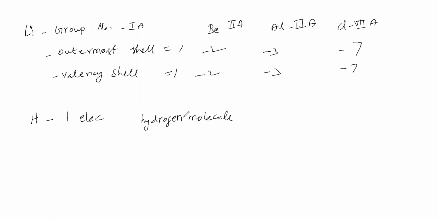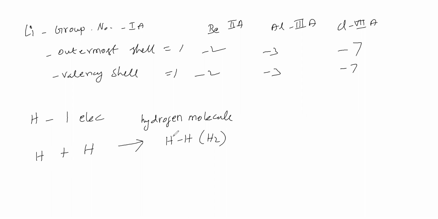That is the meaning. Sir, what is the formula for the hydrogen molecule? The hydrogen molecule formula is H2, H single bond H. That means hydrogen atoms combine to give a hydrogen molecule, isn't it? Why?